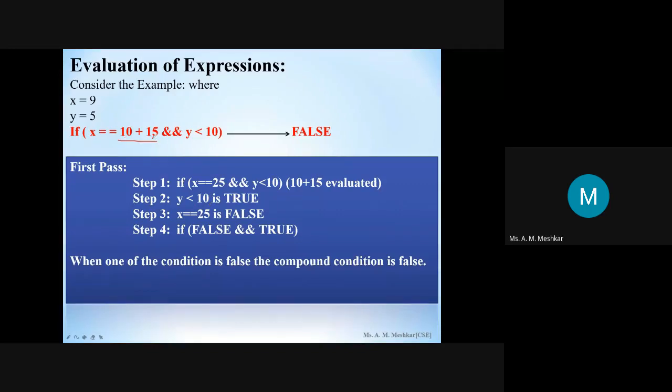So the plus operator enjoys a higher precedence than any of these, whether it is the assignment operator, logical and, or less than.